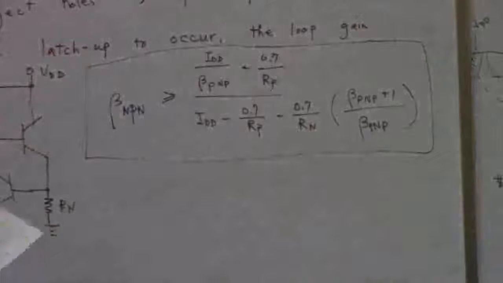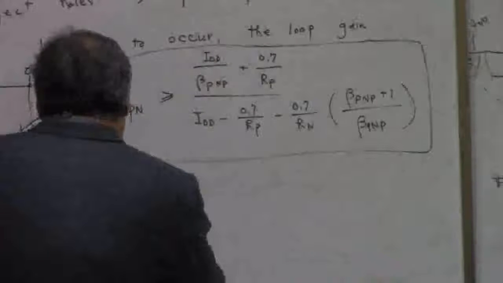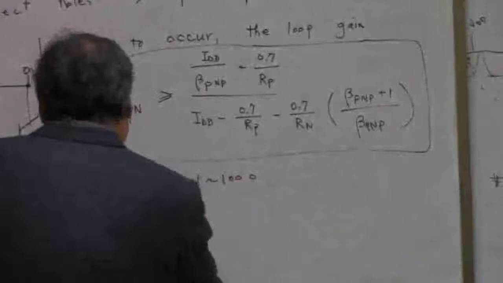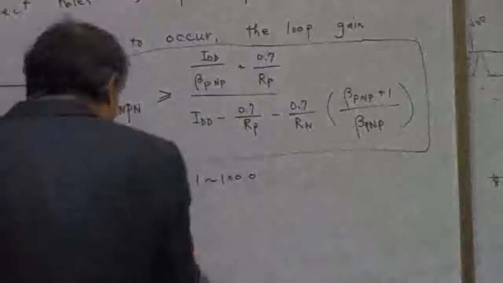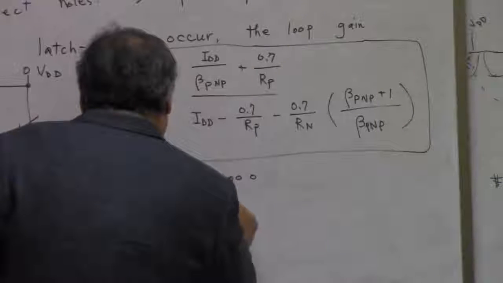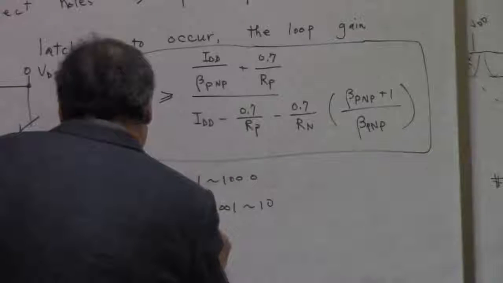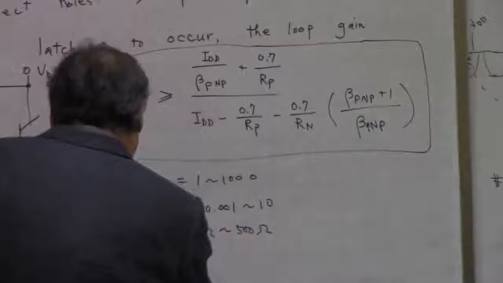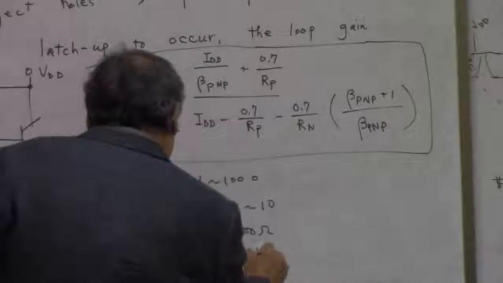And there are typical numbers in the notes, where, let me just write it down for you. For NPN and PNP, PNP is 0.01 to 10, and RP is 25 ohm to 500 ohm and RN is 25 ohm to 10 kilo ohm.